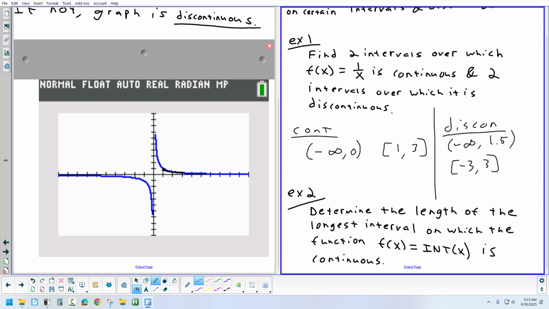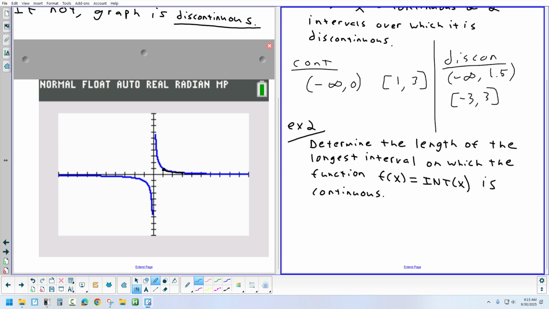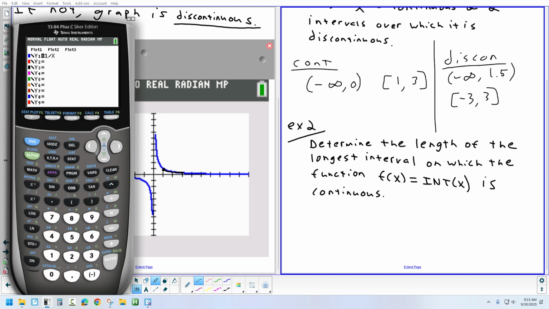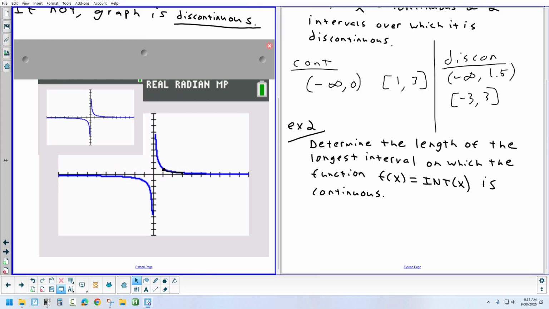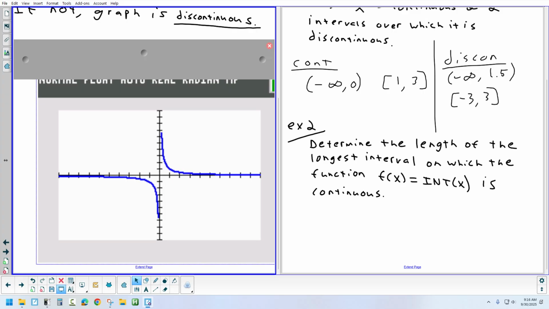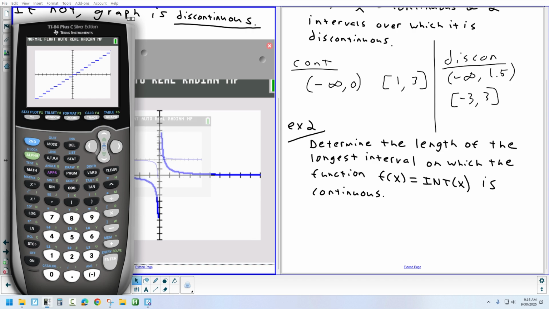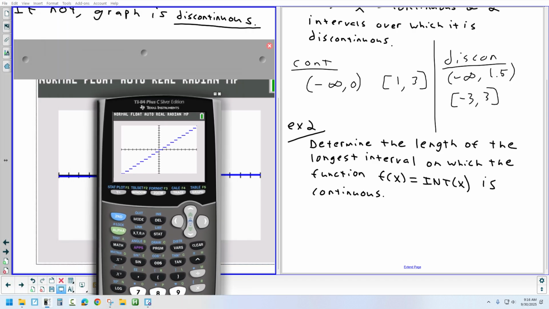So now let's think about the integer function. Okay, let me put that one back up. I want to know the length of the longest interval in this graph that is continuous. So what's the length of the longest interval that you could find that is continuous? Well, just look at it.